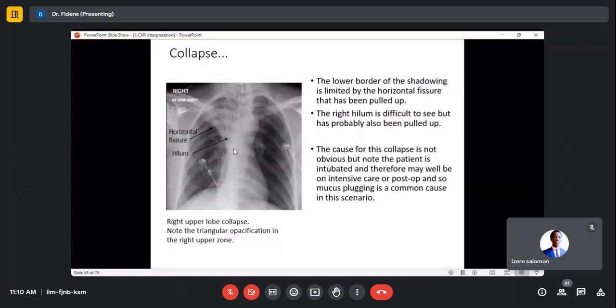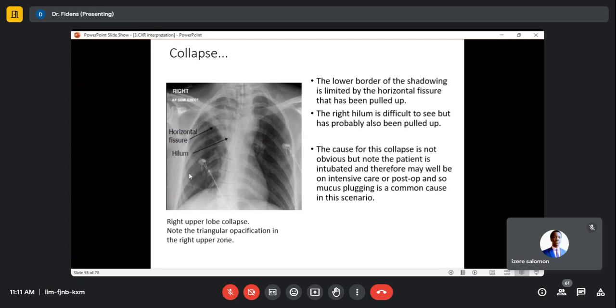Number three, very important, there is elevation of the horizontal fissure. Normal horizontal fissure is like this. Remember, in radiology we have to remember the anatomy, but there is elevation of the horizontal fissure, and that is a very, very important sign, because it immediately tells me there is something pulling on this, because nothing I can see is pushing.